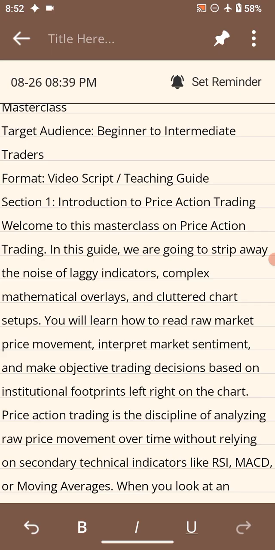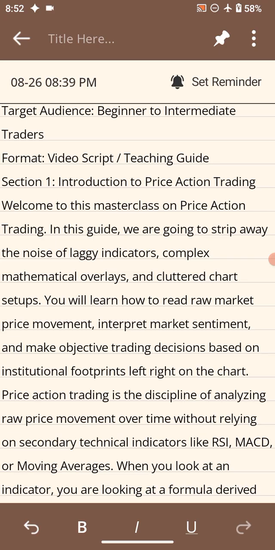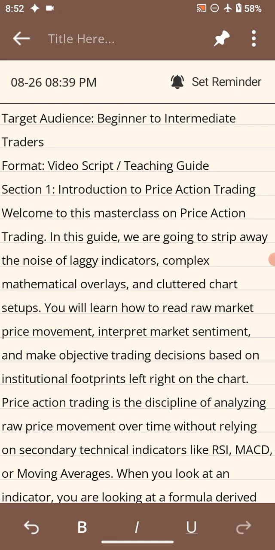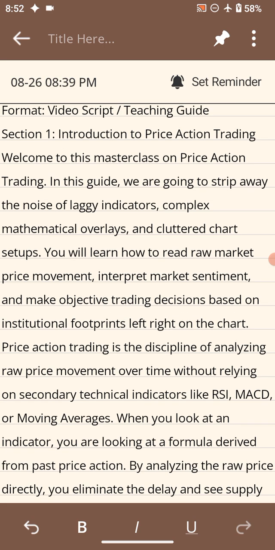In this guide, we are going to strip away the noise of the laggy indicators, complex mathematical overlays, and cluttered chart setups. You will learn how to read raw market price movements, interpret market sentiment, and make objective trading decisions based on institutional footprints left right on the chart.